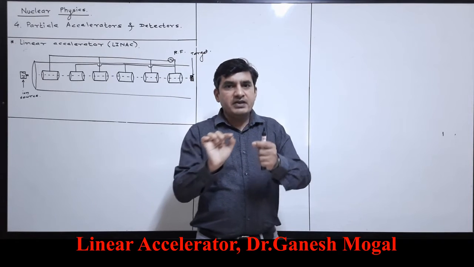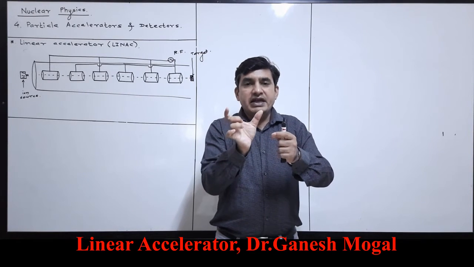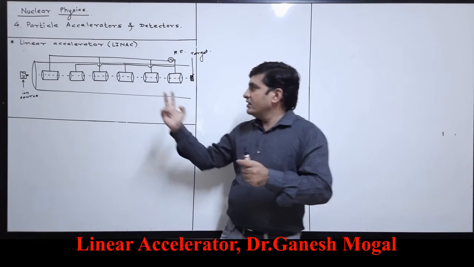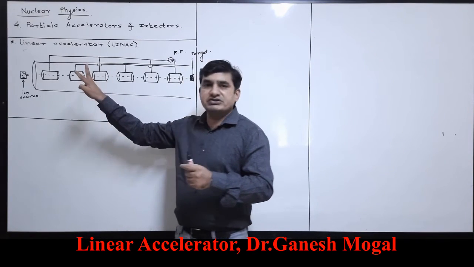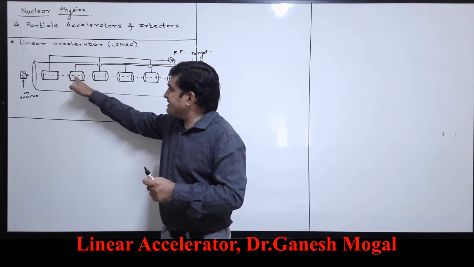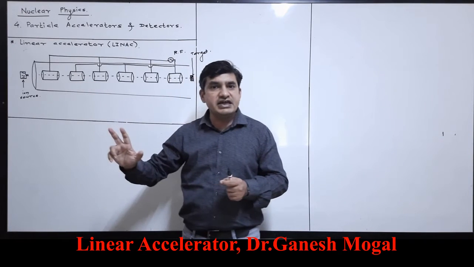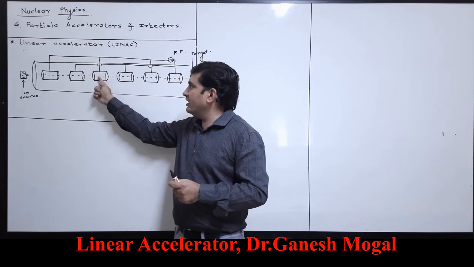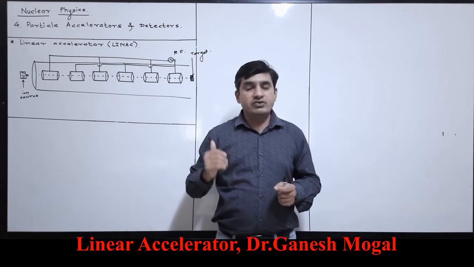Now, when this charged particle covers the length of the electrode or cylinder, the potential gets reversed. That is, the second electrode becomes positive and the third electrode becomes negative.